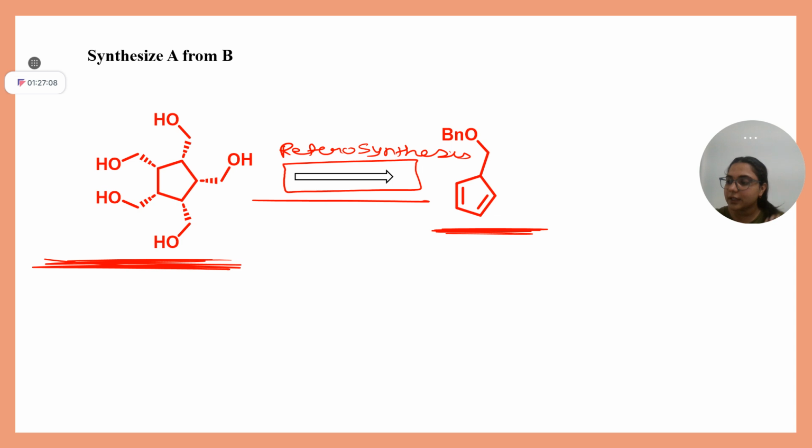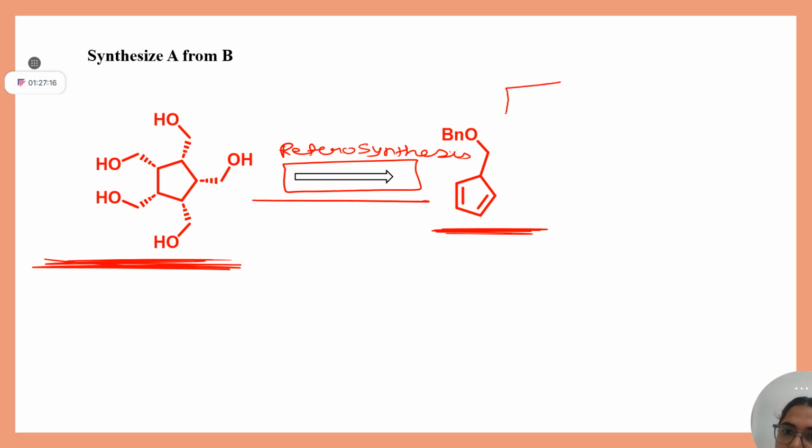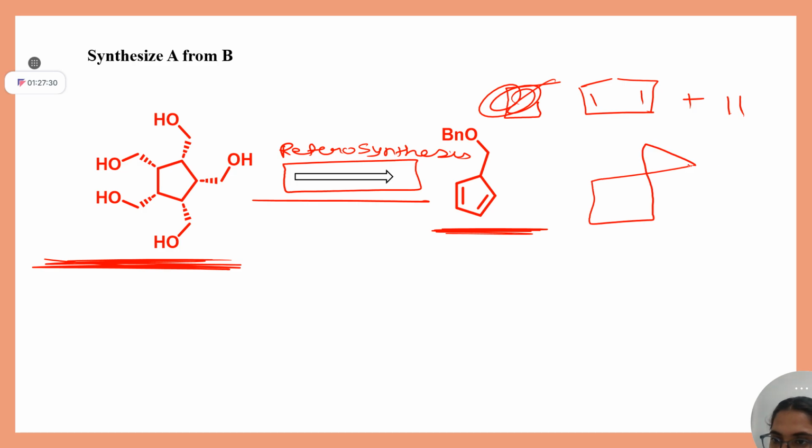If I give you one hint, can you please give one try to this question? Let me give you one hint. If you are given cyclopentadiene and you are given one olefin, you will get this product. This is only a hint, not the solution to this problem.